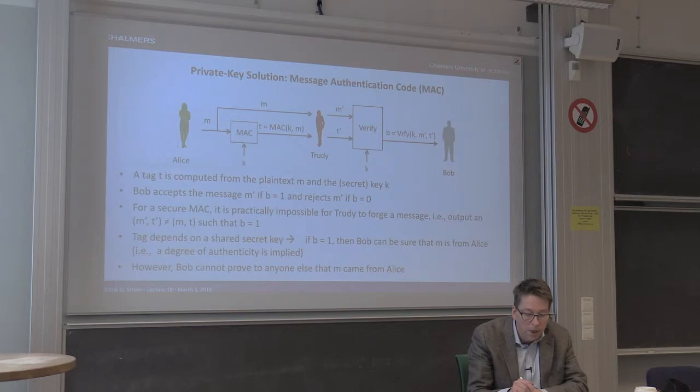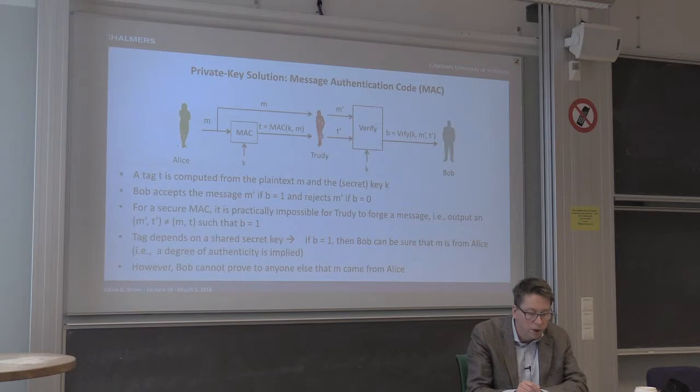So Bob here has the key. An intruder, Trudy, has no knowledge about the key, but can otherwise observe both the message and the tag, which we transmit in parallel or just after each other. Note that the message itself is not secret here, because that's not the security goal here. We just want to make sure that this message is not altered in transmission.